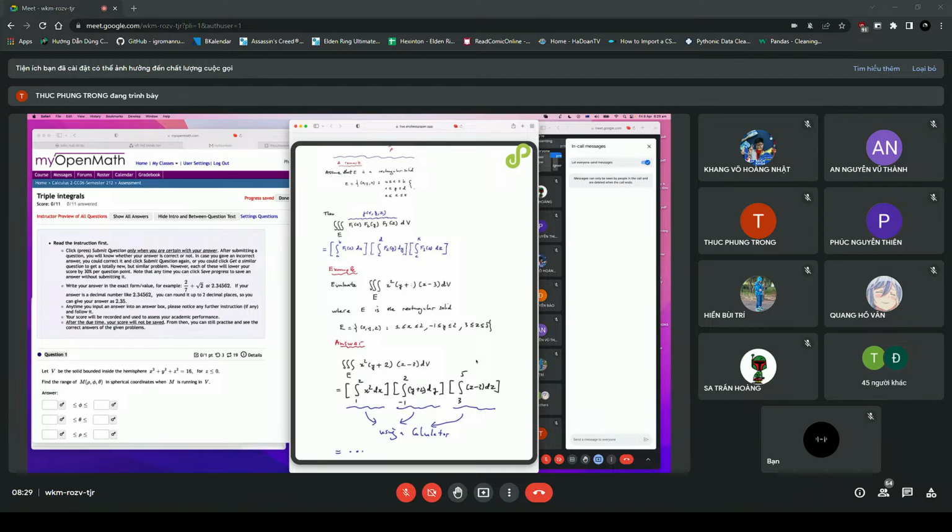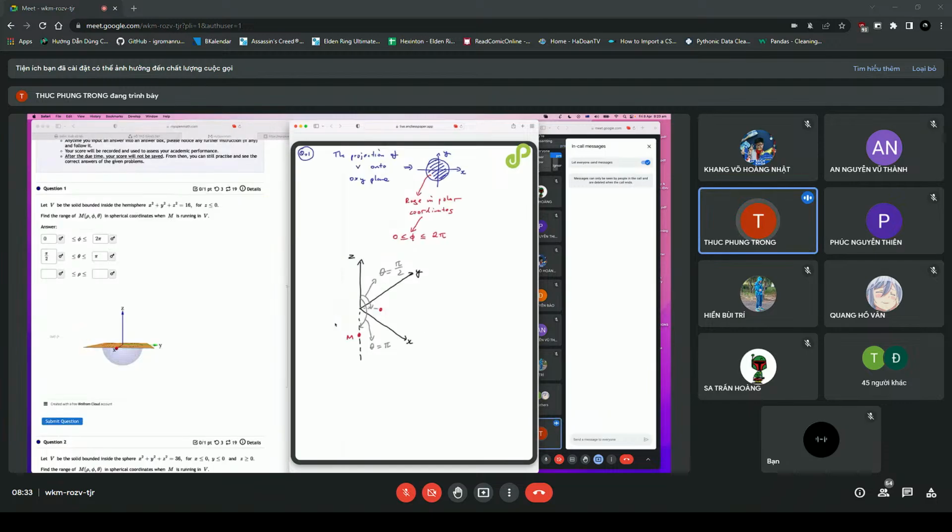And the maximum we can have is pi. If you look at a point somewhere here, then the angle we have in this case is exactly pi. And if you look at another point somewhere else in between inside this, then you get somewhere between pi over 2 and pi.